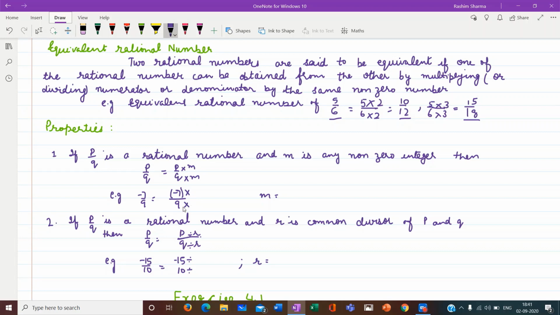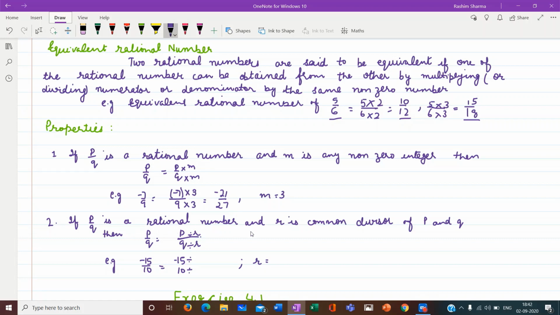Minus 7 and 9 can both be multiplied with the same non-zero integer. If I multiply by 3 here and 3 here, I will get minus 21 upon 27. Here m is 3, the number with which we are multiplying. So the numerator and denominator can both be multiplied with the same number.